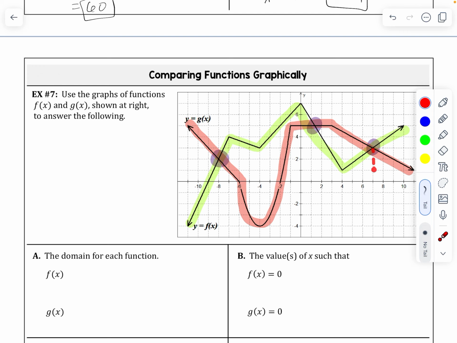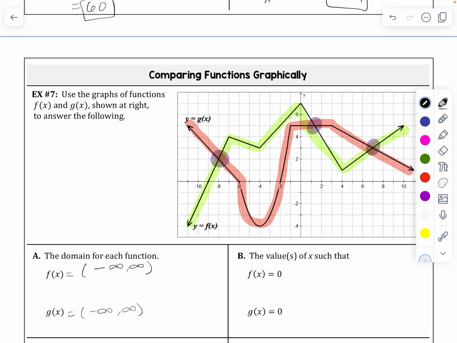And then at x equals 7, f of x is greater again. So let's go ahead and write the domain for each function. For f of x, I can see it goes from left to right forever, so we say the domain is from negative infinity to infinity. And g of x, the same, goes forever from left to right, so they both have the same domain. There's no restriction on x, they're both continuous.